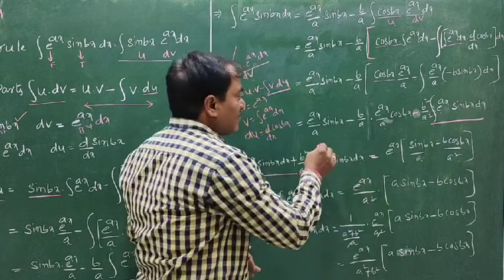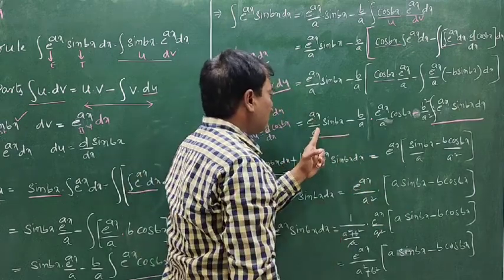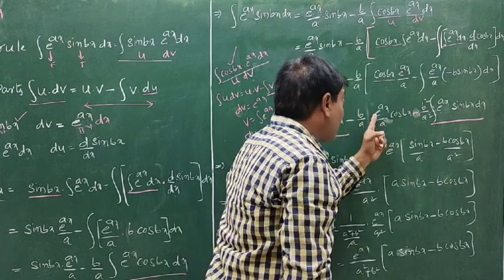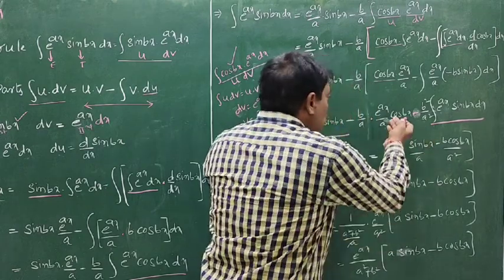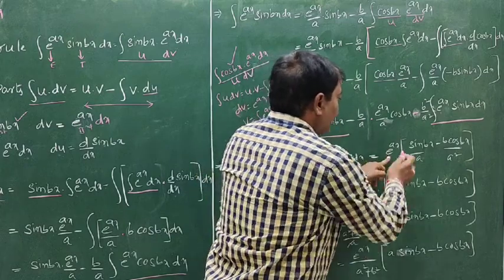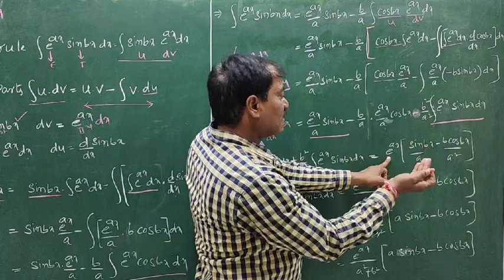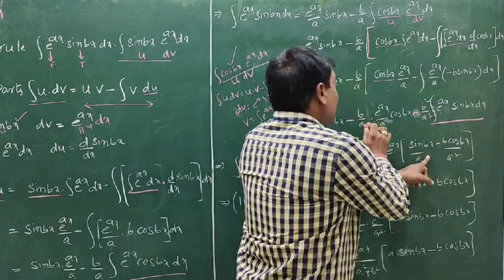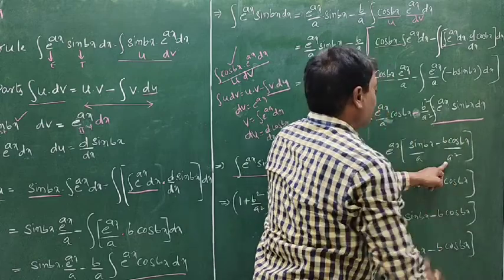And the right hand side values are as they are: e power ax by a sin bx, and b by a square e power ax cos bx. In these two terms e power ax is common, so I have written e power ax, and then the remaining terms, sin bx by a minus b by a square cos bx.